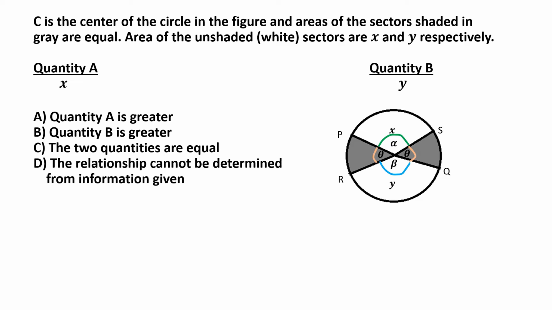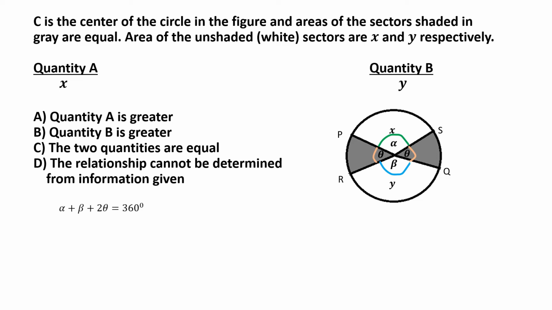From what we have so far, we have these angles alpha and beta, and then we have the two angles theta. Taken together, they are the sum of angles around the center of the circle. And it's fair to assume that the sum of those angles is equal to 360 degrees, because they are the angles around a given point, which in this case is the center of the circle.